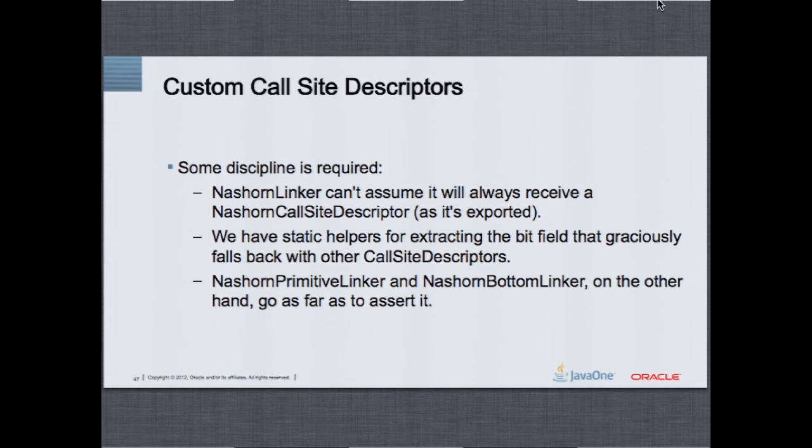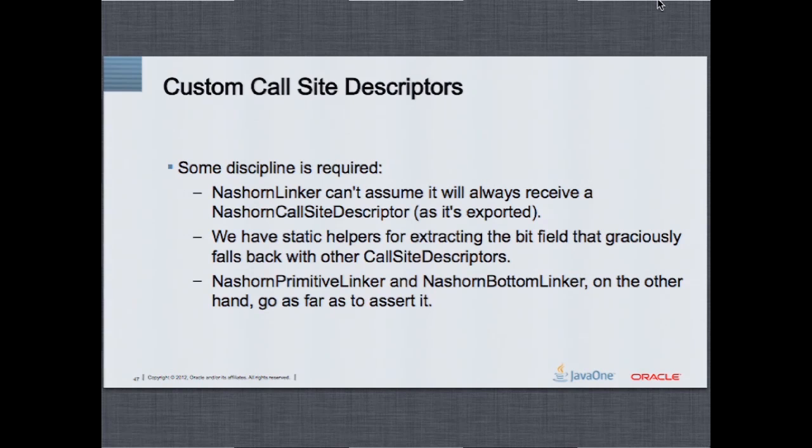So publicly exposed linkers cannot make an assumption that they always get their native CallSite descriptors. They have to be prepared to play nicely with foreign ones. So we have static helpers that extract that bit field and then just fall back and assume it's 0 if they get some kind of a call descriptor that they don't recognize.